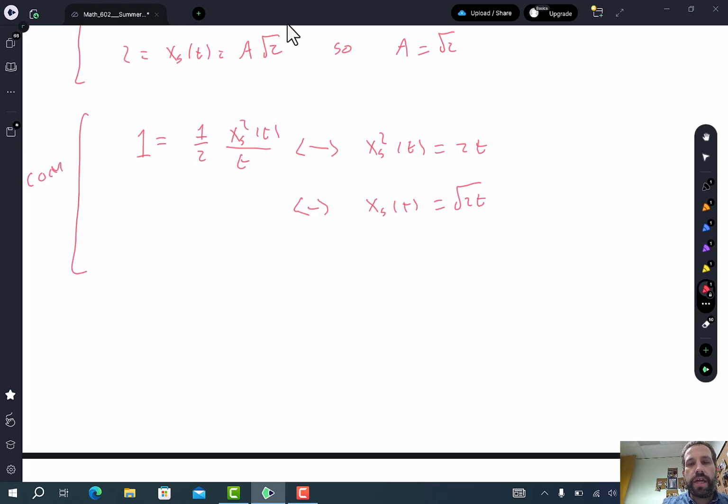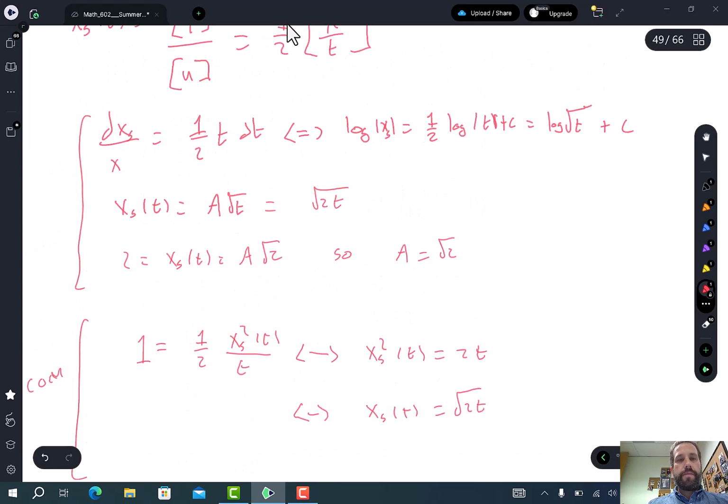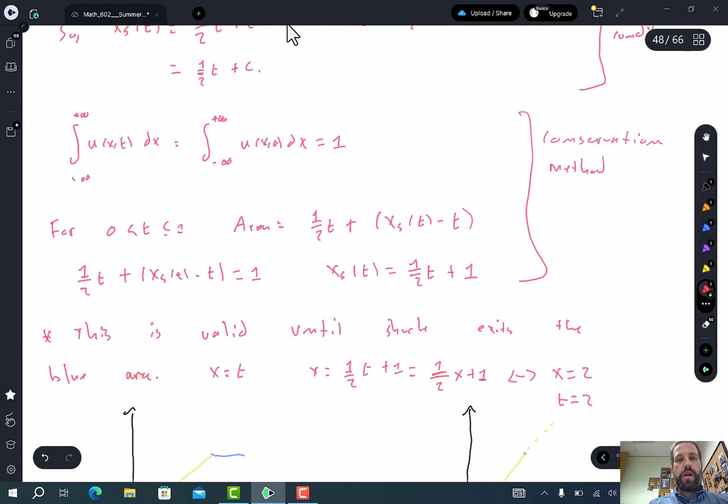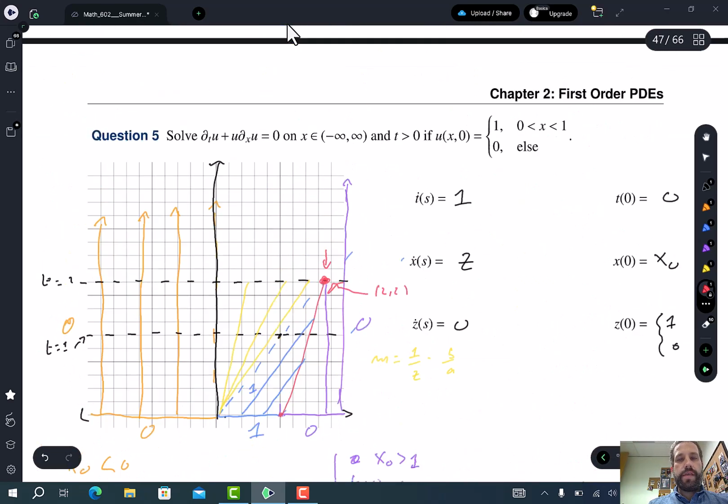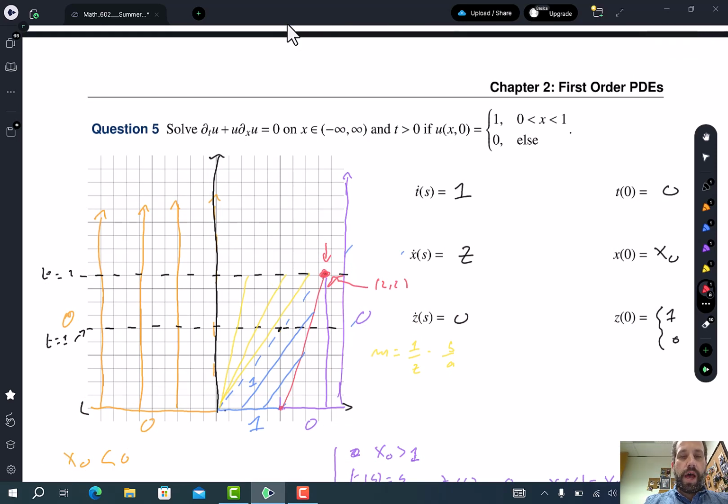So we want to think about t as a function of x, so we can think more about how to graph it. This is going to be t is equal to x squared over 2. Okay, if you come back up here and graph it, t is equal to x squared over 2. It's going to be a parabola that goes up like this.